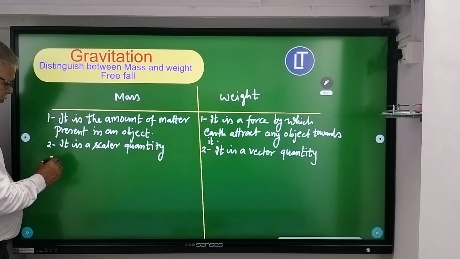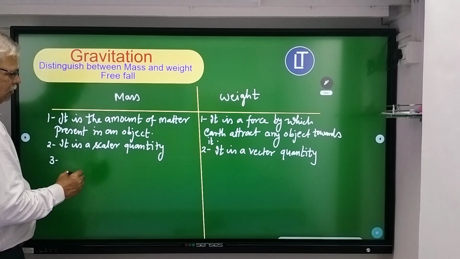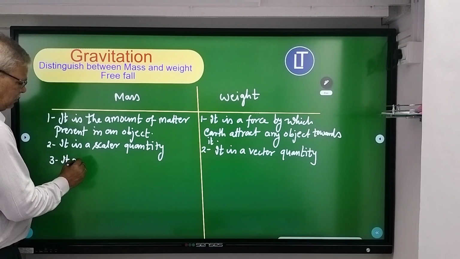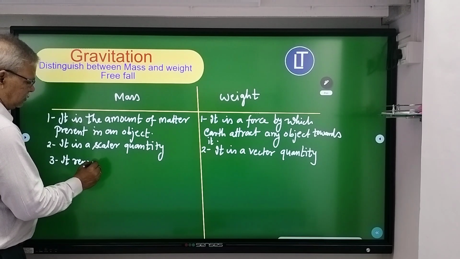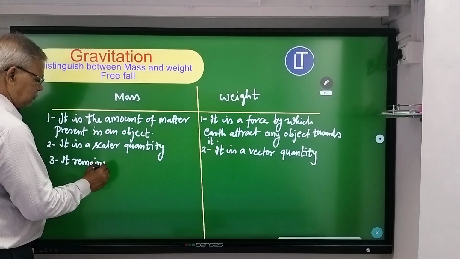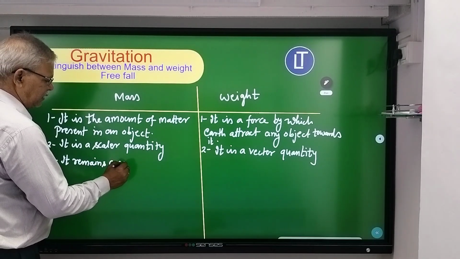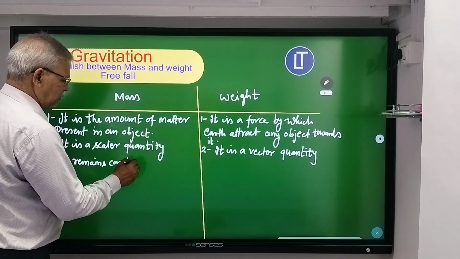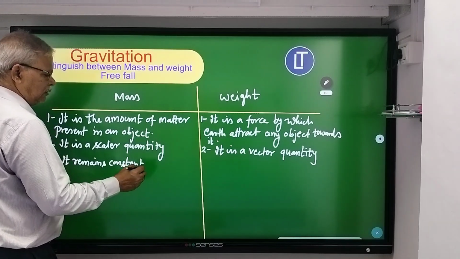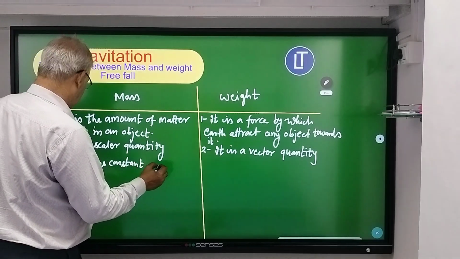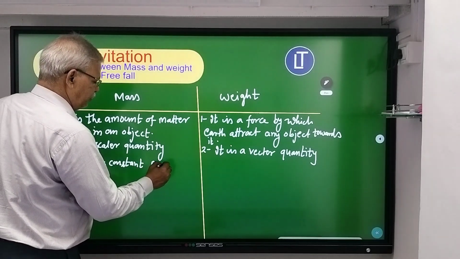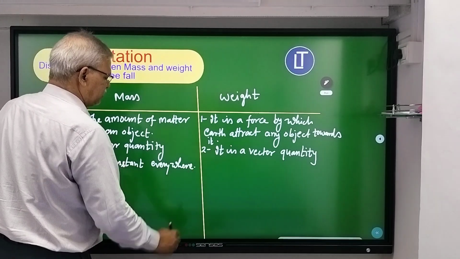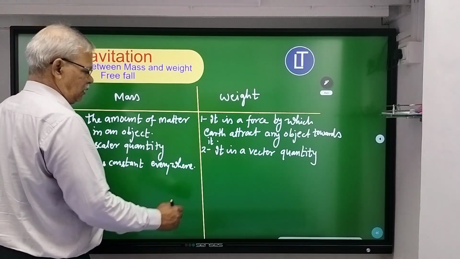Here the third point: mass remains constant everywhere.